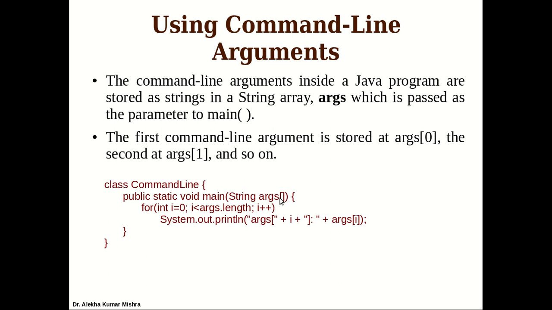Multiple strings separated by space are all stored in this array, and we can refer to each argument by its index. The first argument is stored at args[0], then the second at args[1], and so on.